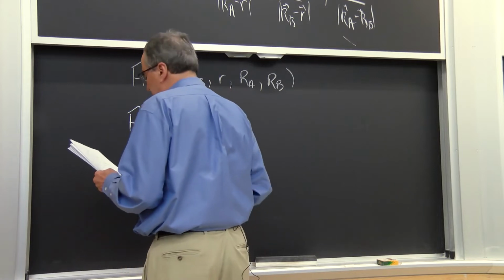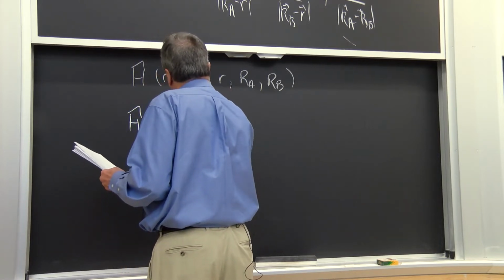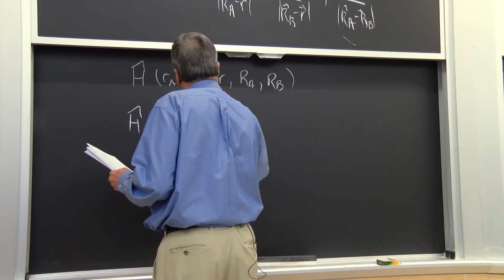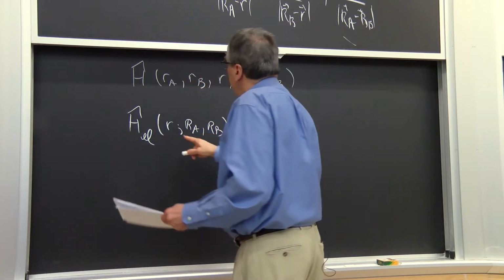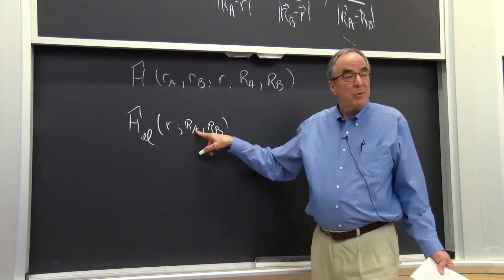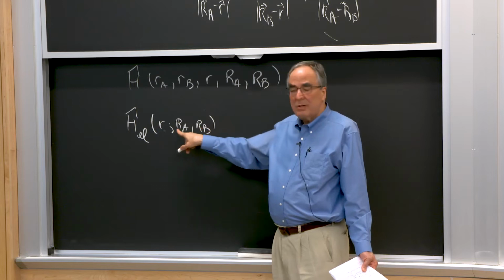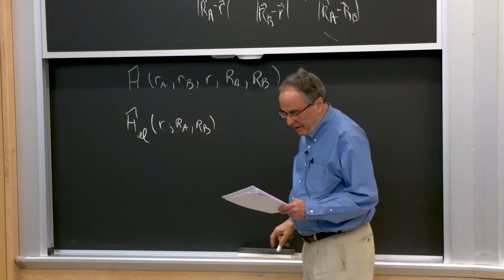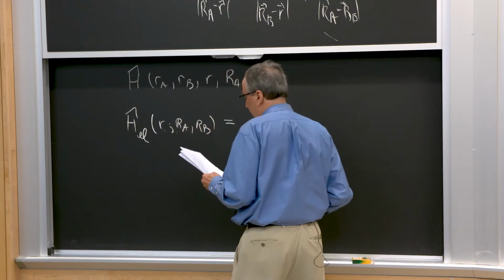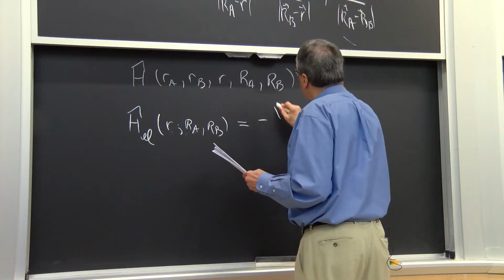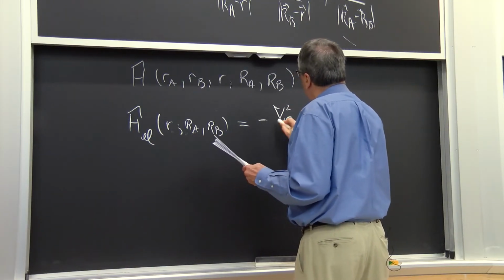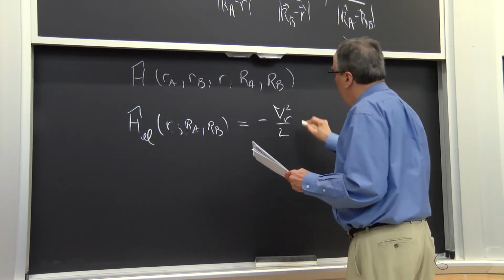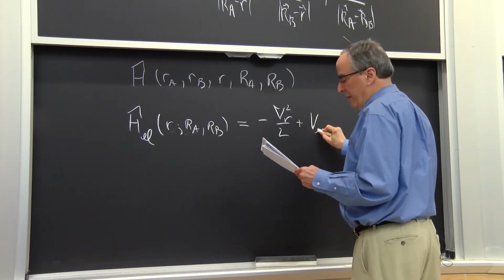And so the reduced Hamiltonian becomes, we'll call it the electronic Hamiltonian, R semicolon Ra Rb. So R is the variable, and these are just parameters that we sometimes include. And then the Hamiltonian is just del squared little r over 2 plus V effective.